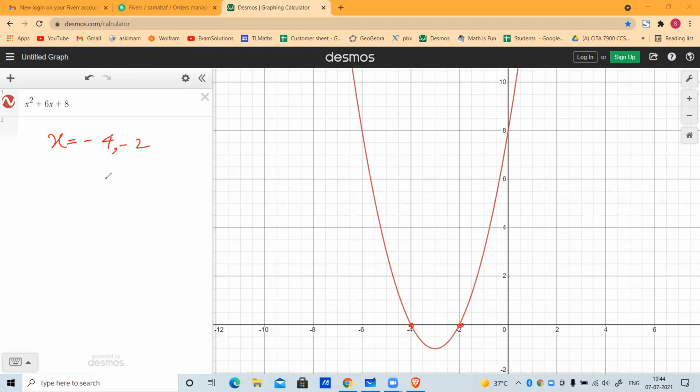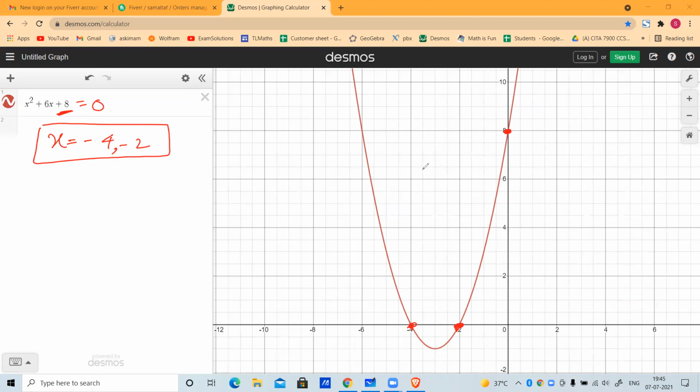So that means when you solve this equation, x squared plus 6x plus 8 equals 0, the answers you are getting, -4 and -2, are the points on the x-axis where the graph cuts it. And see this 8 here, this positive 8? Isn't this the point where it cuts the y-axis?